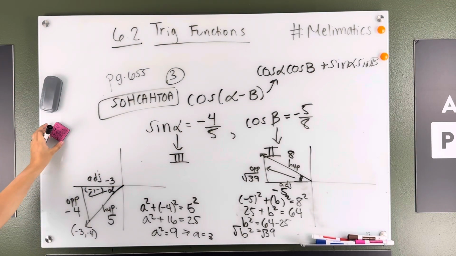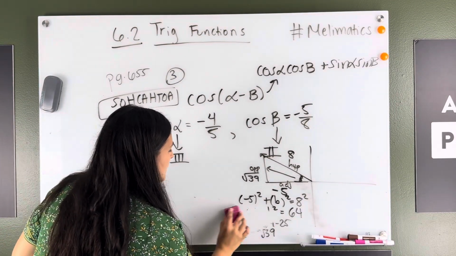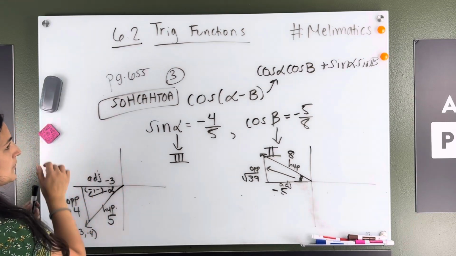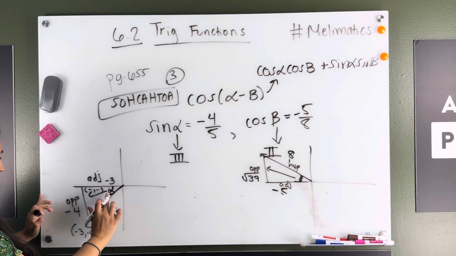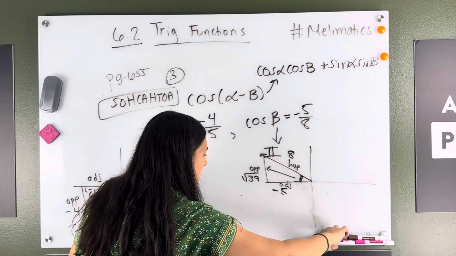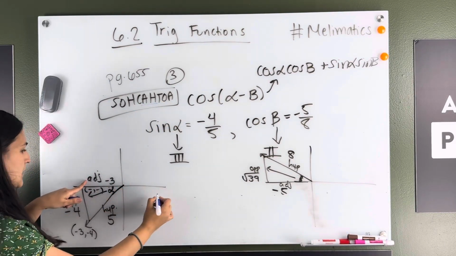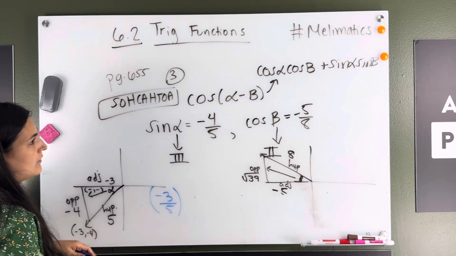Just for space, I want to erase this work, and now we get to actually solve it out. This is going to be cosine of alpha. Alpha is over here, and cosine is adjacent over hypotenuse, so adjacent is negative 3 and the hypotenuse is 5 for the cosine of alpha.